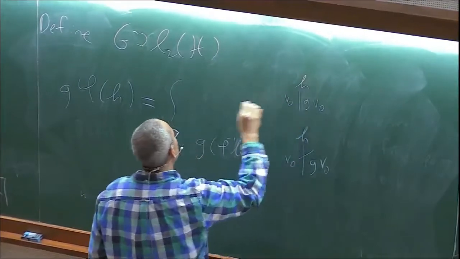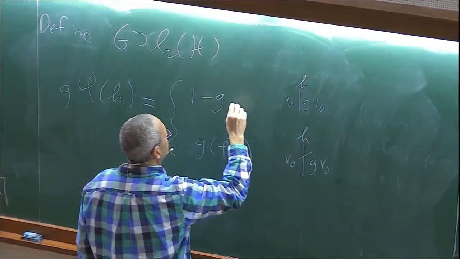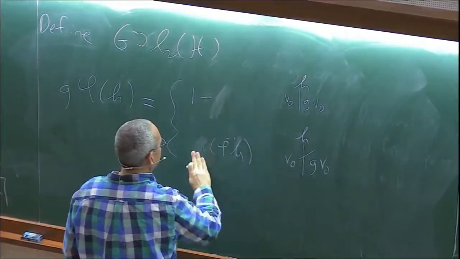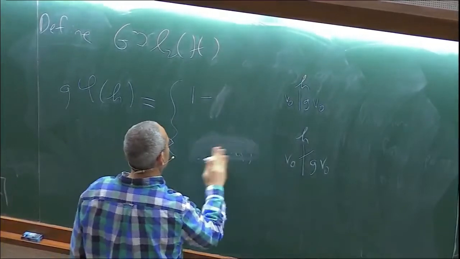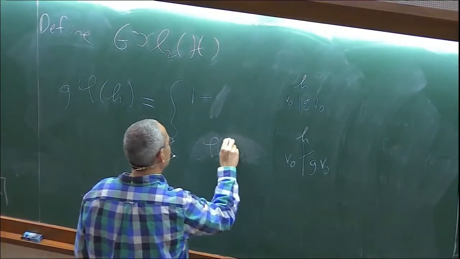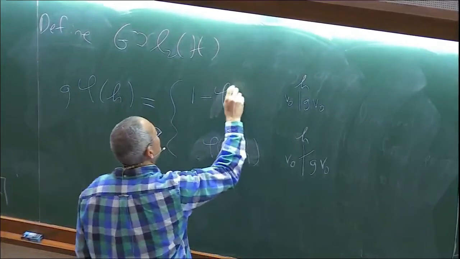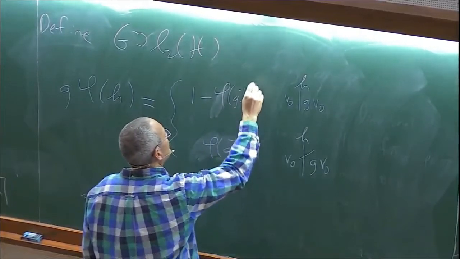When it does separate, you flip it: 1 minus phi of G inverse of H.